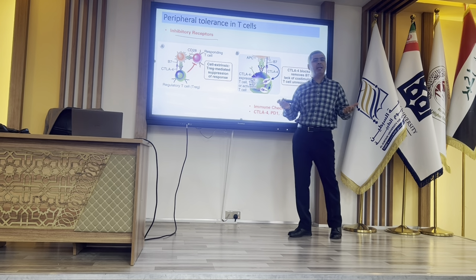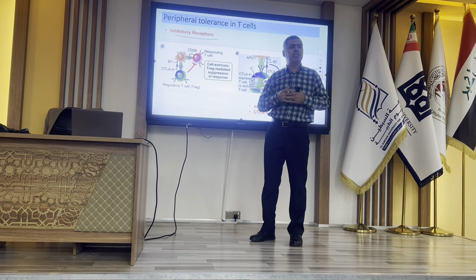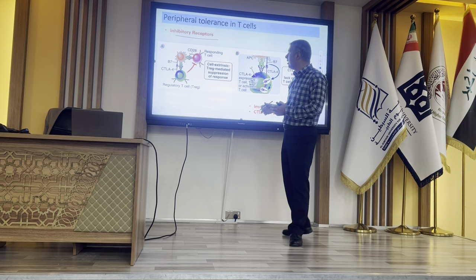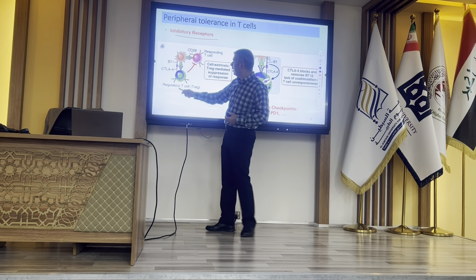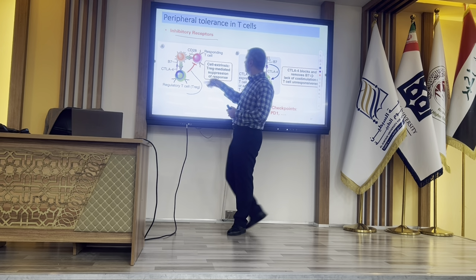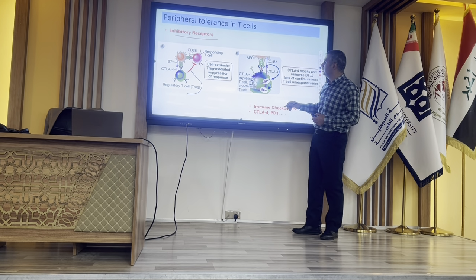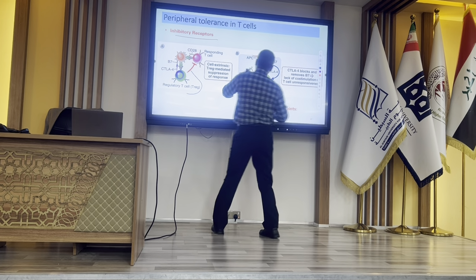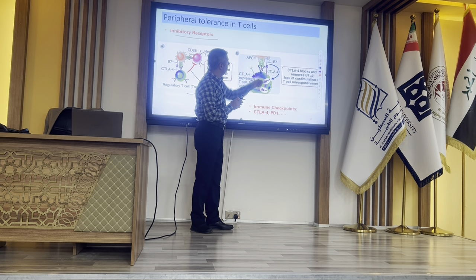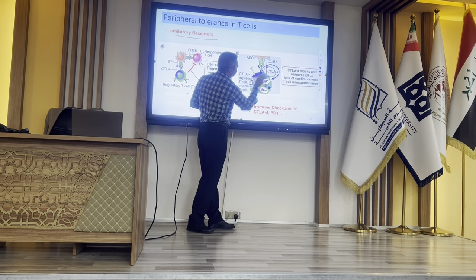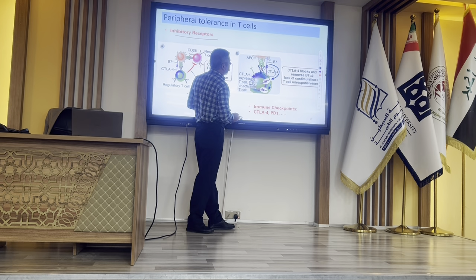When there is no inflammation, sometimes we have expression of self-antigen to the T cell, but we have, for example, do not talk about regulatory T cells here. Sometimes we have APC, but instead of CD28, we have CTLA4 and its ligand over there. Sometimes we have PD1 here and PD1 ligand here.